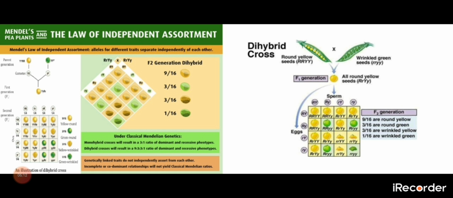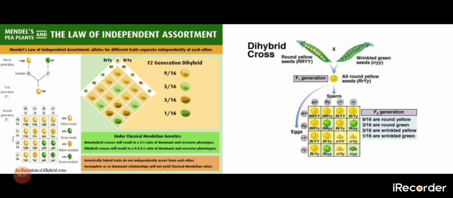The 2 parents are then crossed. Capital R, capital R, capital Y, capital Y crossed with small r, small r, small y, small y. When the gametes of the parent P1 generation are formed, each pair of alleles segregates independently of the other.